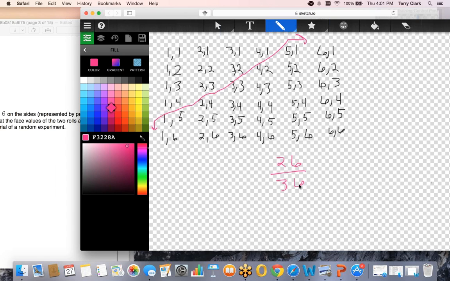Now we're going to simplify that by dividing both of these by 2. At the end of the day, they are fractions, and fractions always have to be simplified to the lowest terms. Okay, so that's our answer, 13 out of 18 for the first one.